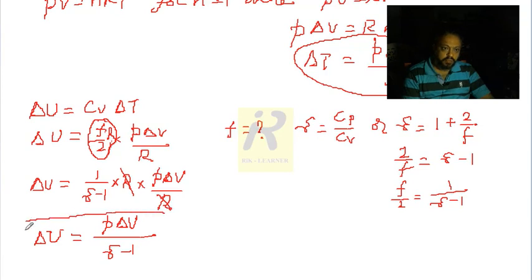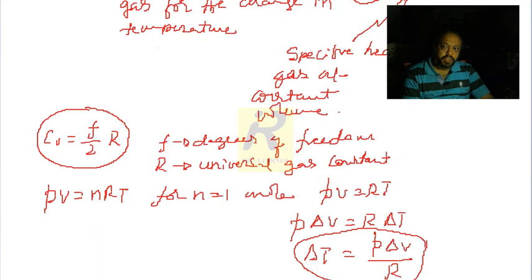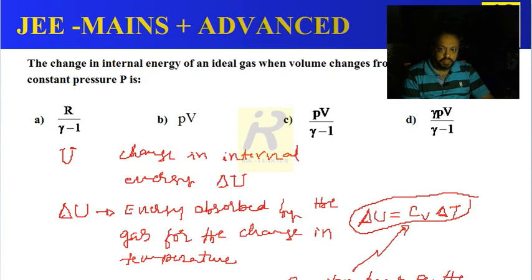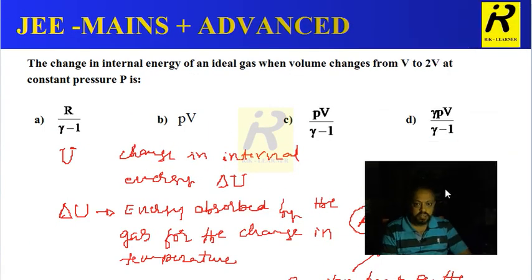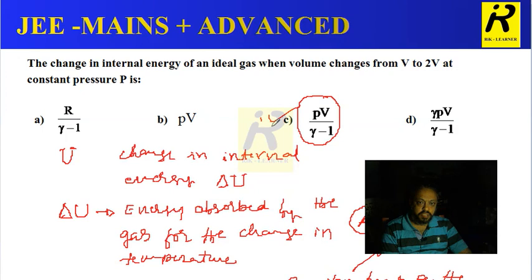This is the result you have to identify in the given options. You just check which one correctly says P into delta V divided by gamma minus 1. Here is the answer. That means option C is correct.